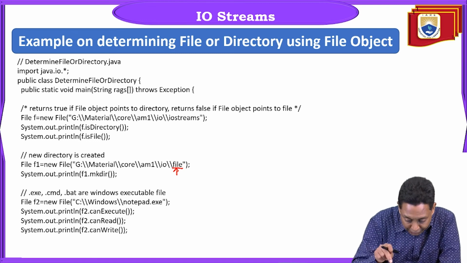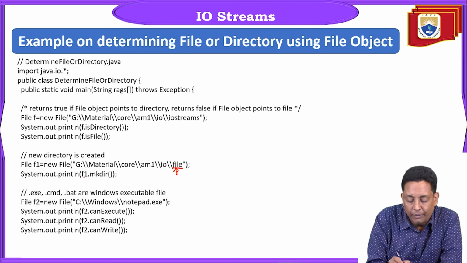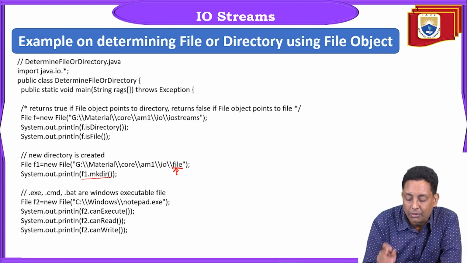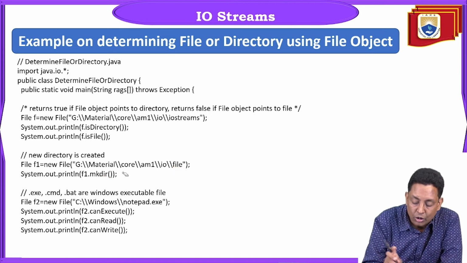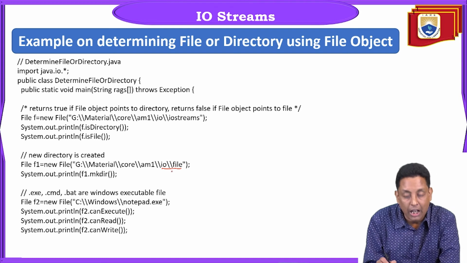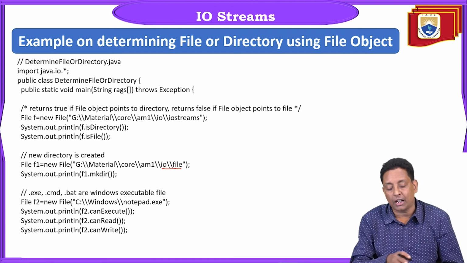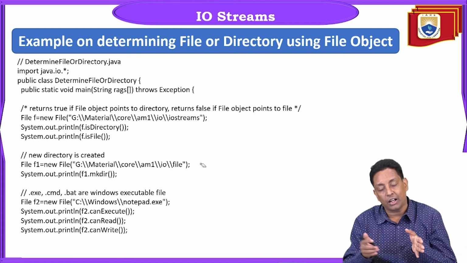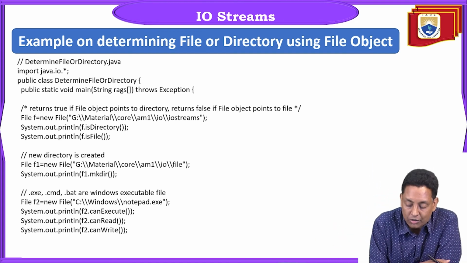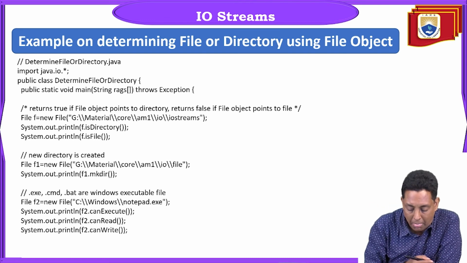If you give a non-existing directory name as the argument here and call f1.mkdirs, the directory will be created automatically. Though these two directories are not there, as long as you have up to materials core M1 IO, a single f1.mkdirs will automatically create the IO directory, and inside it, the file directory also. Through a Java program, we are creating directories.